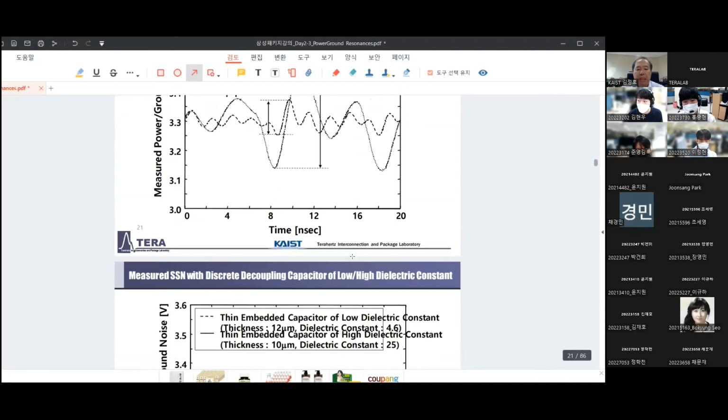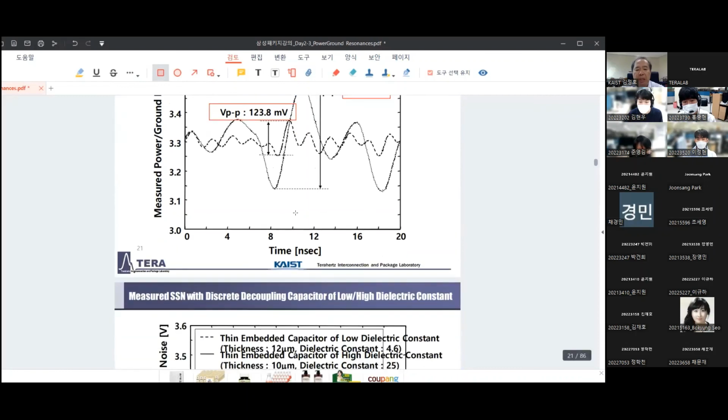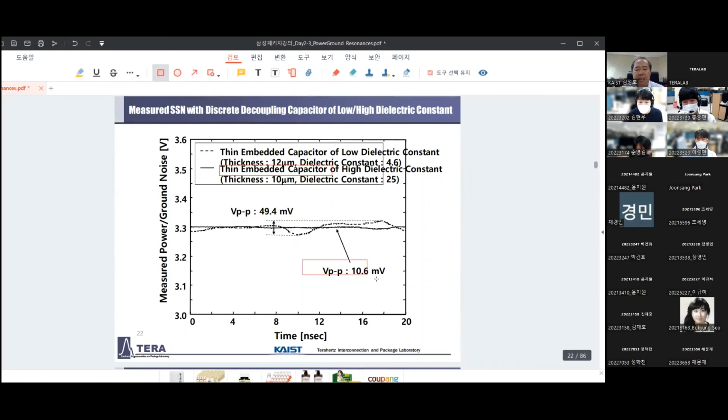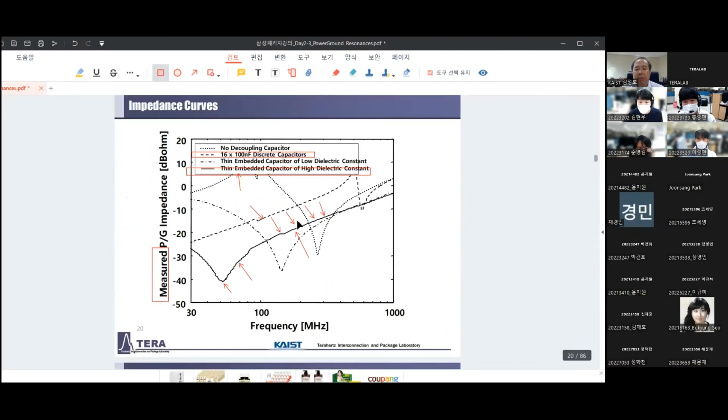Because of that, without decoupling capacitors, we had 370 millivolt noise, and with the 16 discrete decoupling capacitors, we were able to bring it down to 123 millivolts, and by embedded decoupling capacitors, we were able to bring it down to less than 10 millivolts. This is the power of inductance. How do we do that?